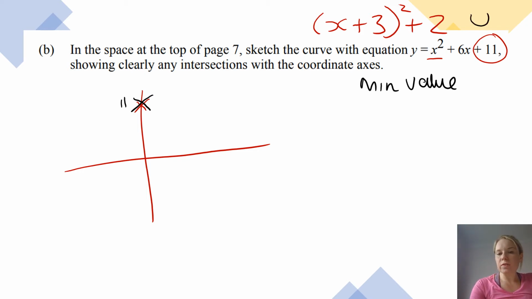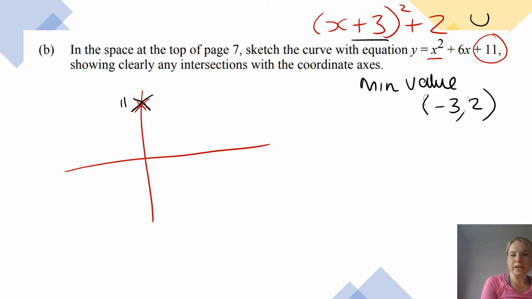So you reverse this plus 3 to make our x value minus 3, and our y value will just be that 2. So our minimum point is going to be (-3, 2). So it's going to be over here like that.